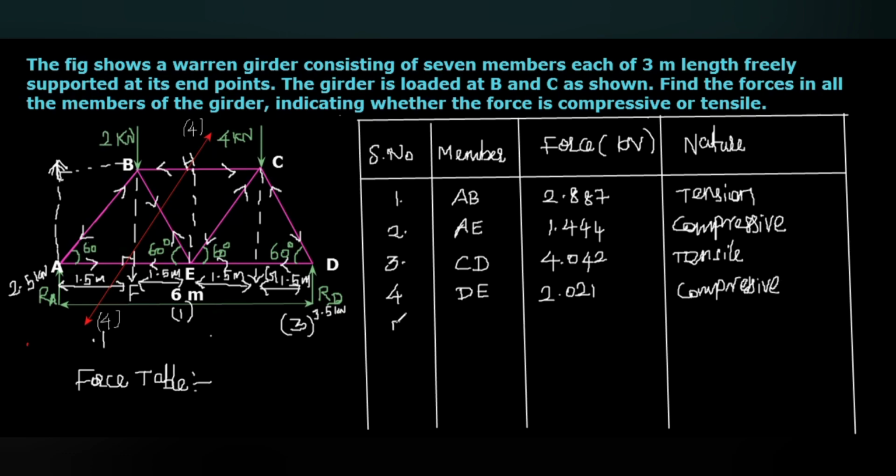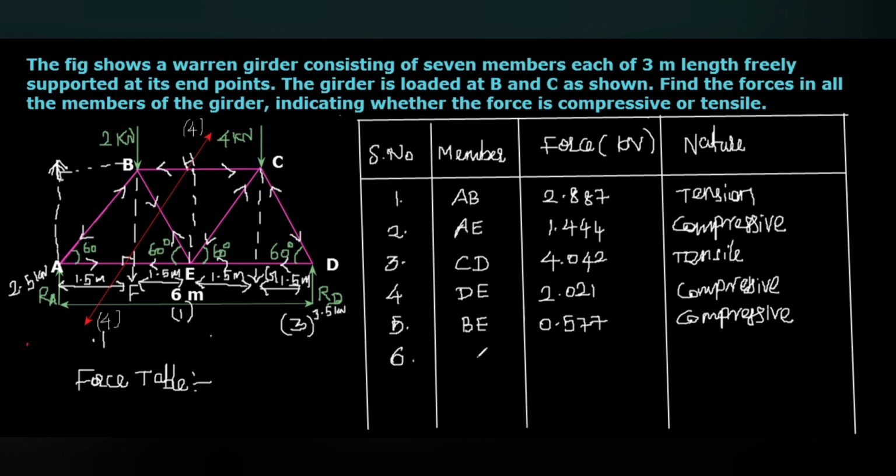Then the fifth one, that is the member BE, 0.577, that is also compressive in nature.